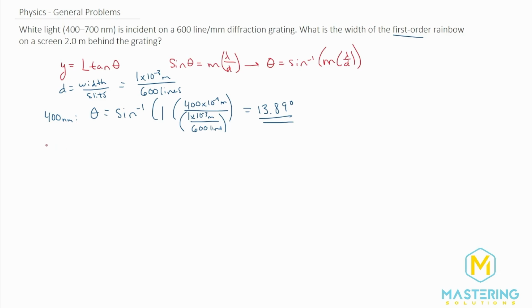Now let's do the same thing for the red, the 700 nanometers. Theta is equal to the inverse sine of 1 times 700 nanometers, divided by d, 1 times 10 to the negative 3 meters over 600 slits or lines.